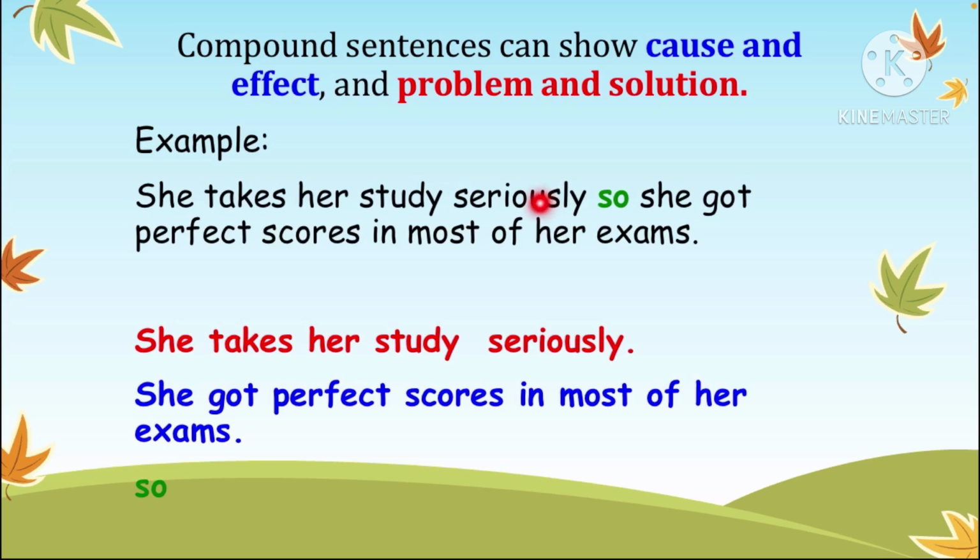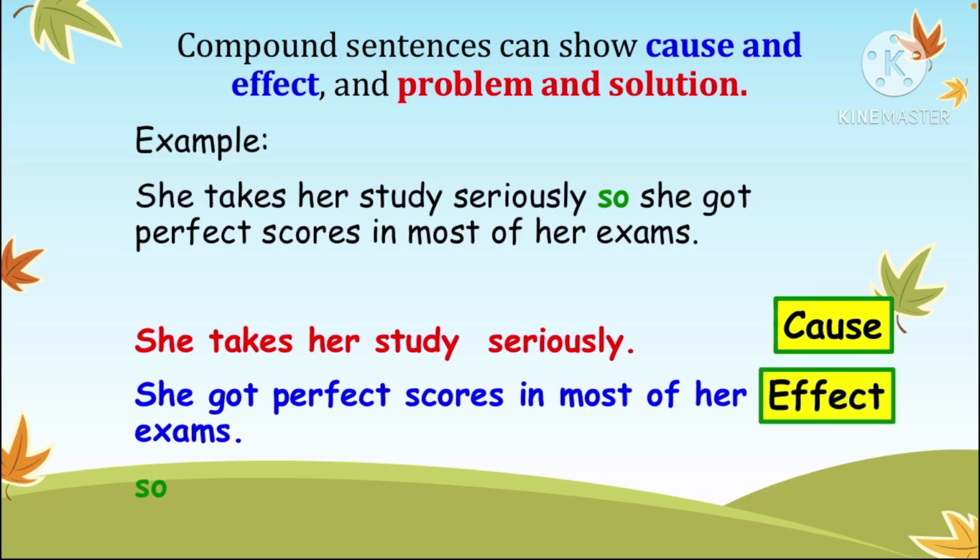This compound sentence shows a cause and effect relationship. The first independent clause shows the cause, and the second independent clause shows the effect. And the word so is our coordinating conjunction.